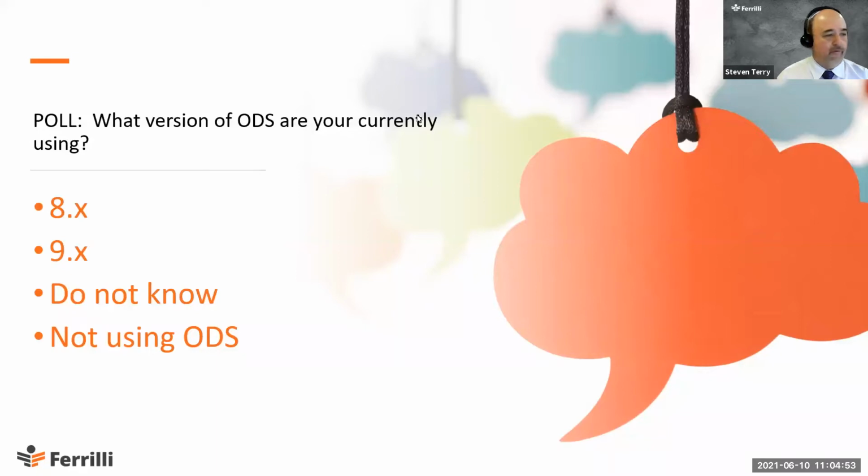And the results of the poll are in. Oh, okay. Well, good. A bunch of you are at 9.x. That's really helpful. And some of you are not using it, so we'll have some information to cover both those audiences. That's good to know. I really appreciate you taking the time to answer that question in our poll.